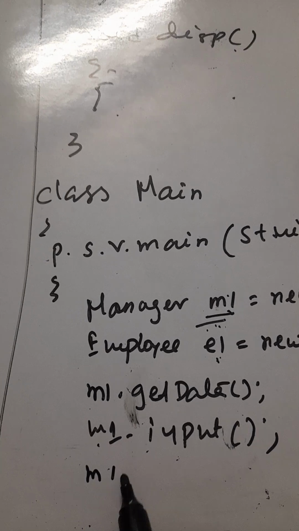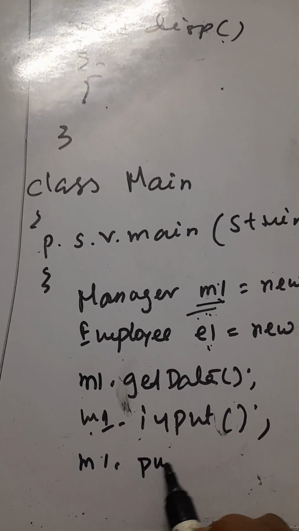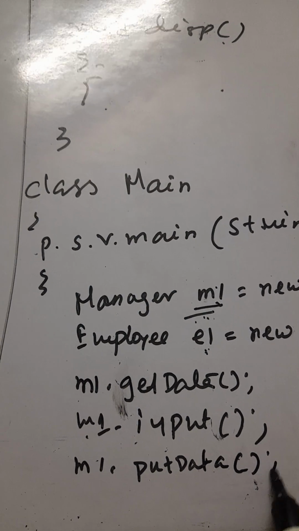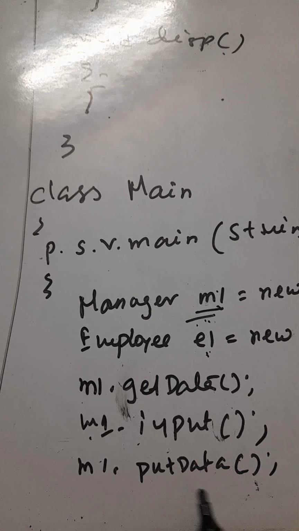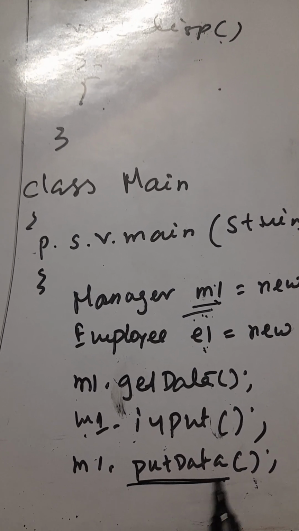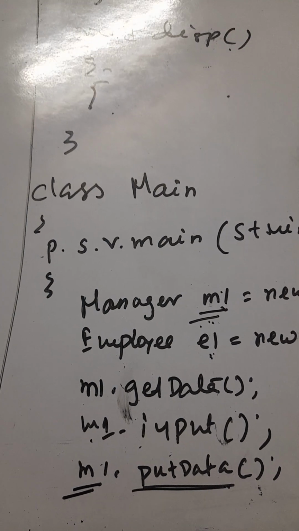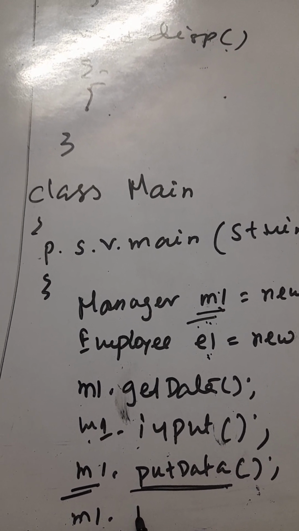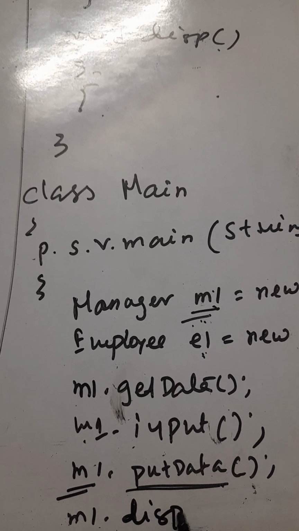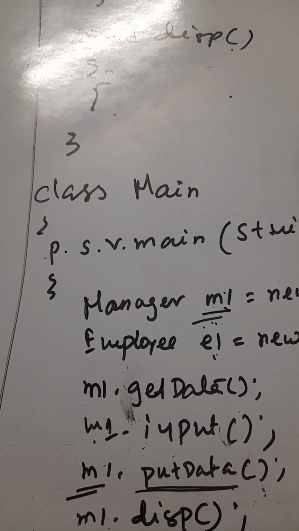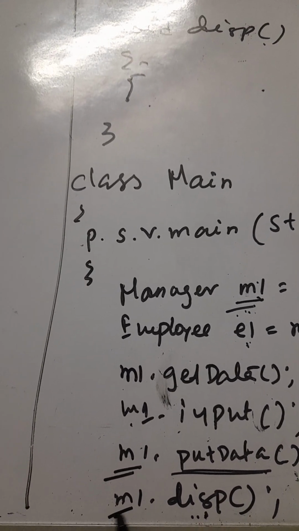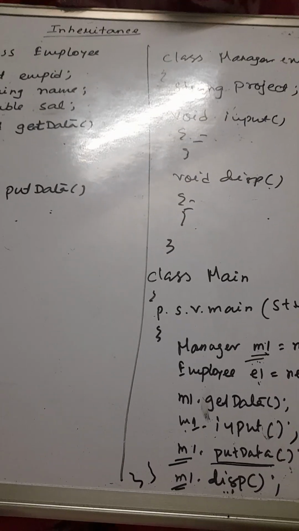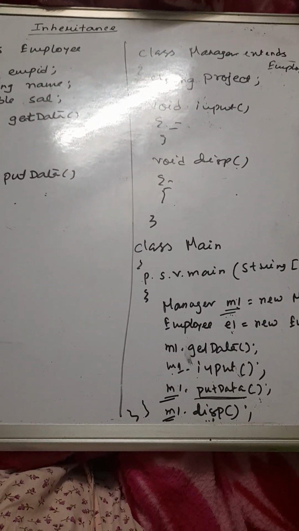Next, if you want to print this, you can access m1.putData, because this is a base class method, so with the help of the child class object you can call it. And again m1.disp. So this one is your child class method, you can access it also with the help of the child class object. Clear? So this one is an example of single inheritance.